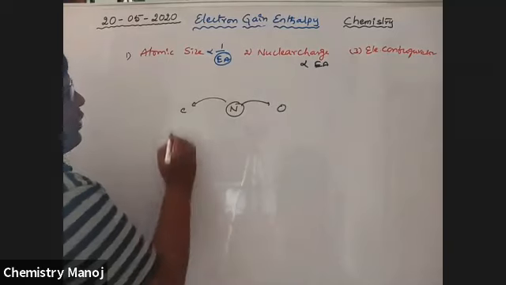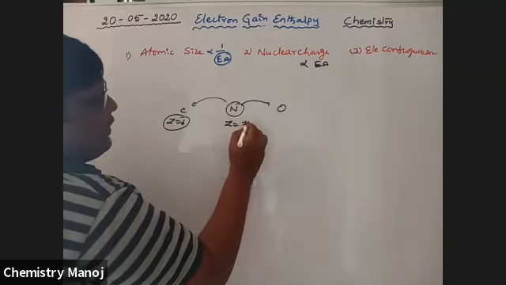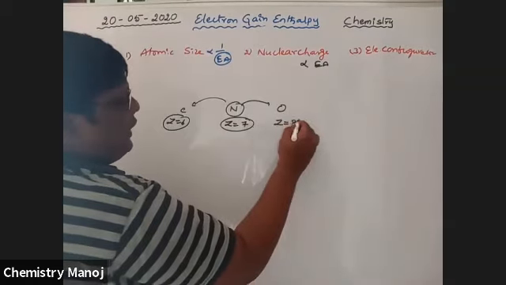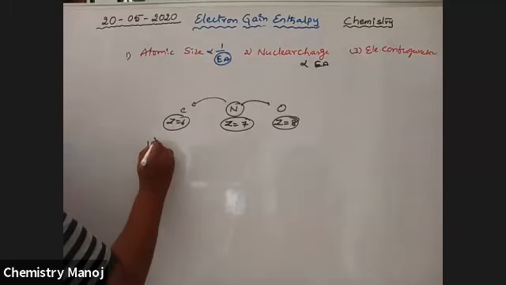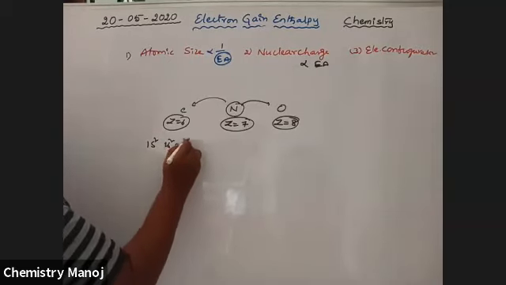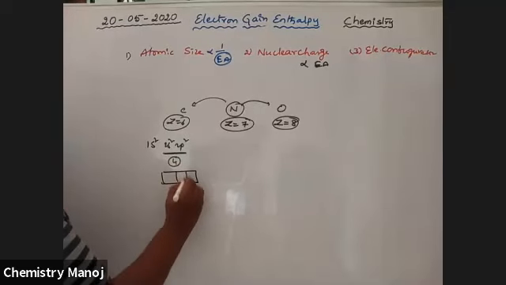Carbon has atomic number 6, nitrogen 7, oxygen 8. For carbon, the electronic configuration is 1s2, 2s2, 2p2. The outermost shell contains 4 electrons, and the 2p orbital contains 2 electrons.